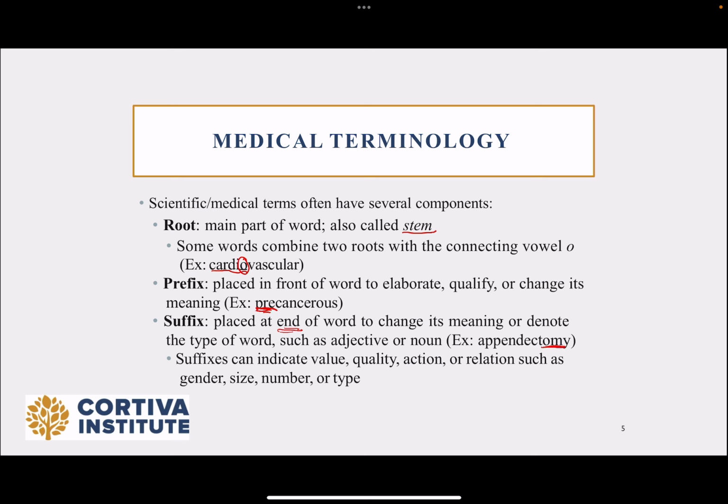Suffixes can indicate value, quality, action, relation, such as gender, size, or number and type. So in appendectomy, we're typically thinking about something happening to what? The appendix. So that root word is append, and ectomy means surgery happening in this area.